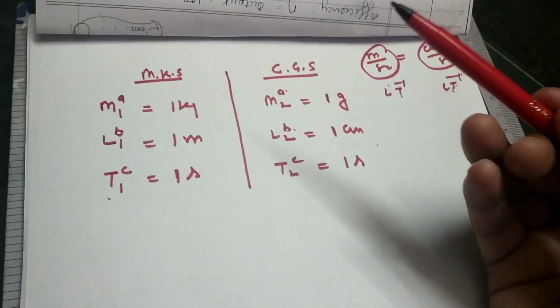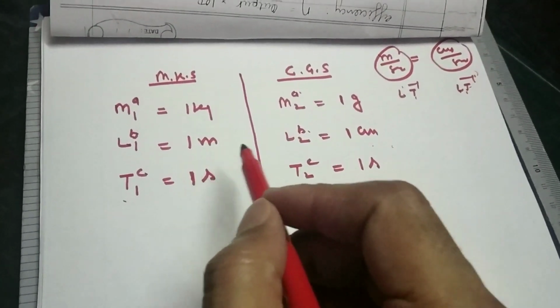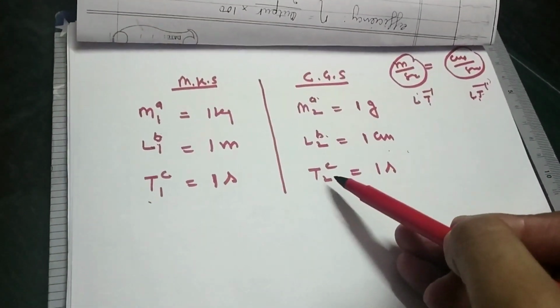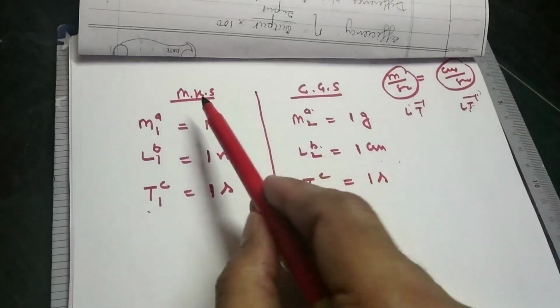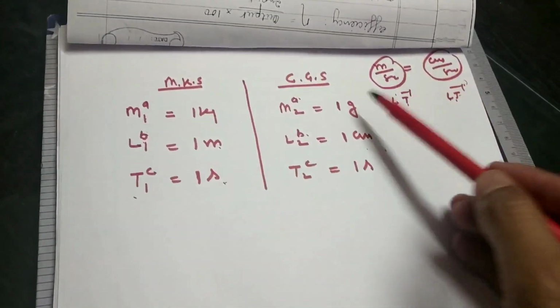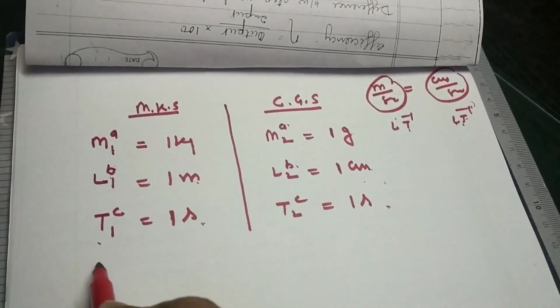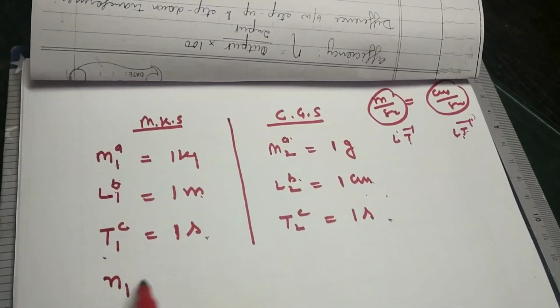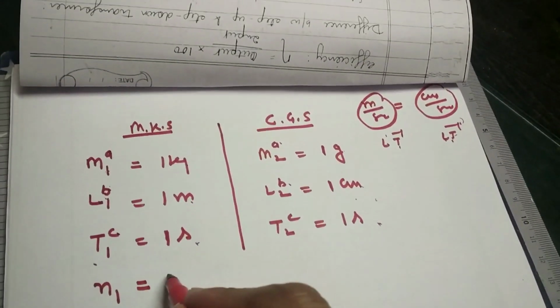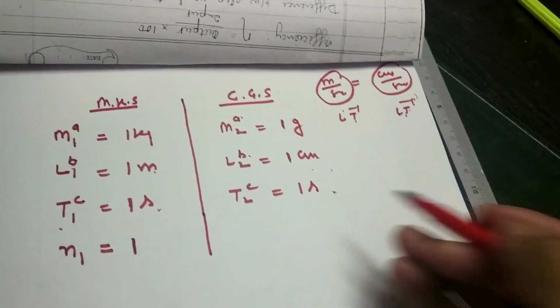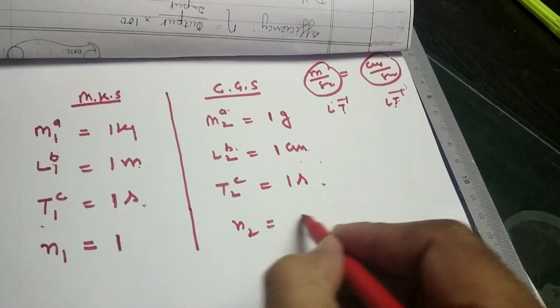Clear? So the fundamental quantities will start from MLT. Here MLT, the dimensions are the same, and in MKS 1 kg, 1 meter, 1 second; 1 gram, 1 centimeter and 1 second. Suppose we want to convert one value of MKS into CGS.